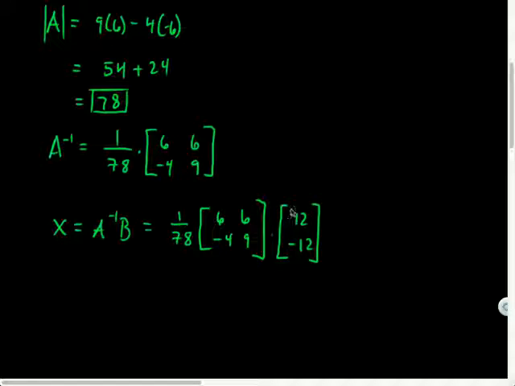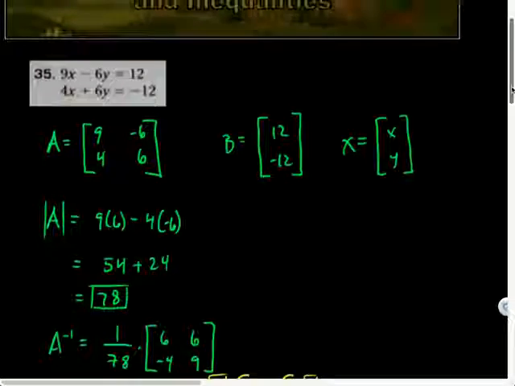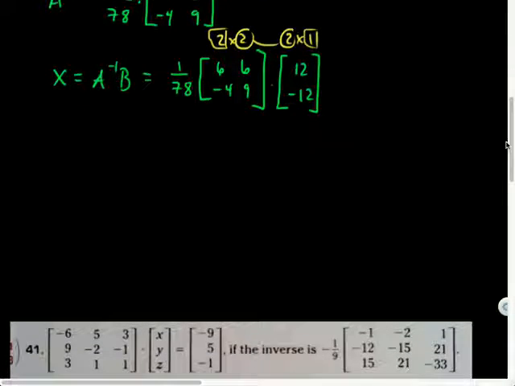And it was a 2 by 1. First of all, I want to point out that we can multiply these two things, because this is a 2 by 2 and a 2 by 1. The inner numbers match. Yay! So the outer numbers will be the size of my answer, a 2 by 1, which is the size of matrix X.